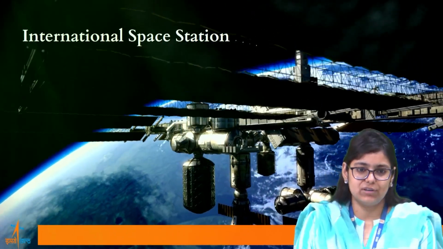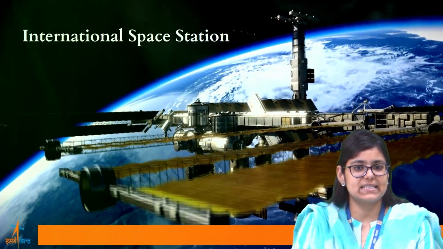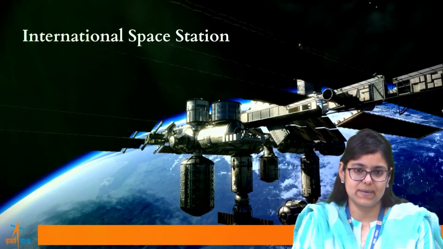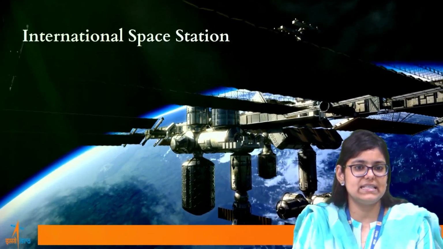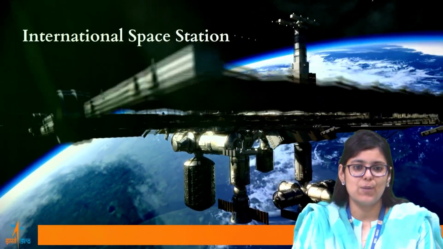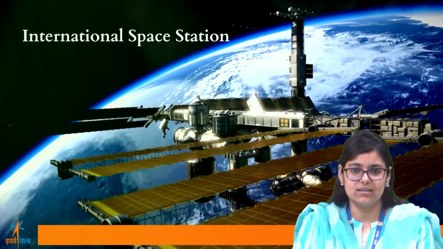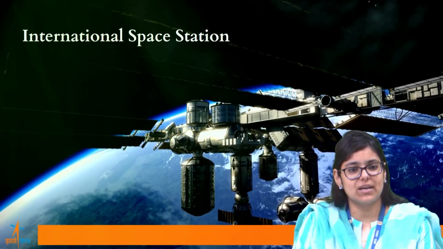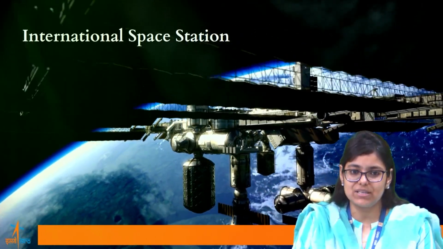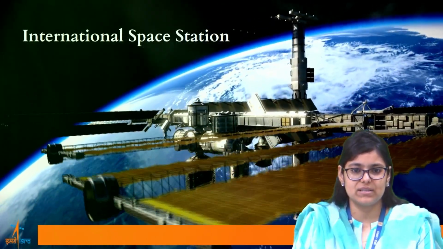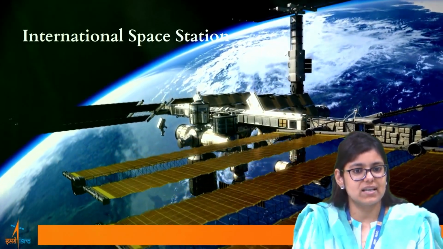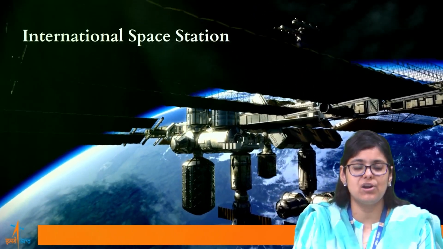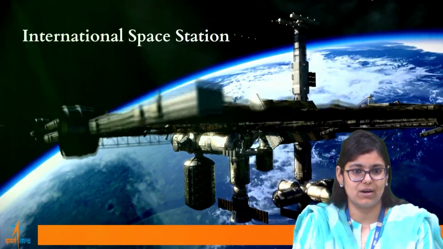America was successful with the Apollo mission in 1969, whereas the Soviet Union successfully launched the space station Salyut in 1971. Later, both the entities worked together to build the International Space Station program with an objective to study microgravity, conduct various experiments in microgravity conditions, study its effects on the human body, prepare humankind for a long trip to Mars, etc.